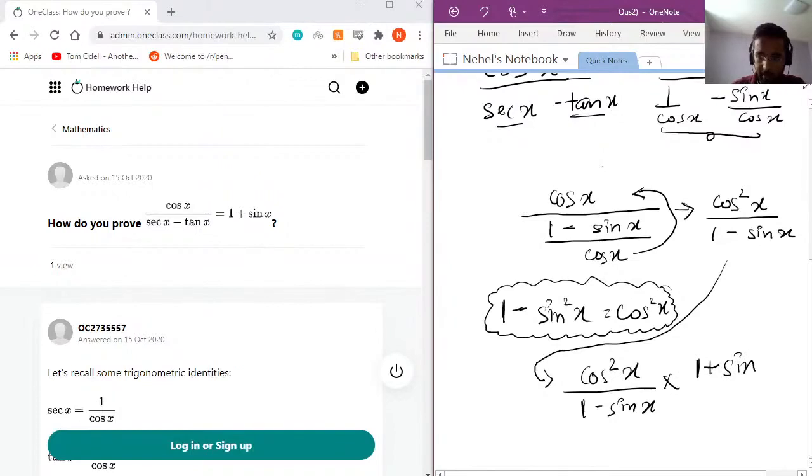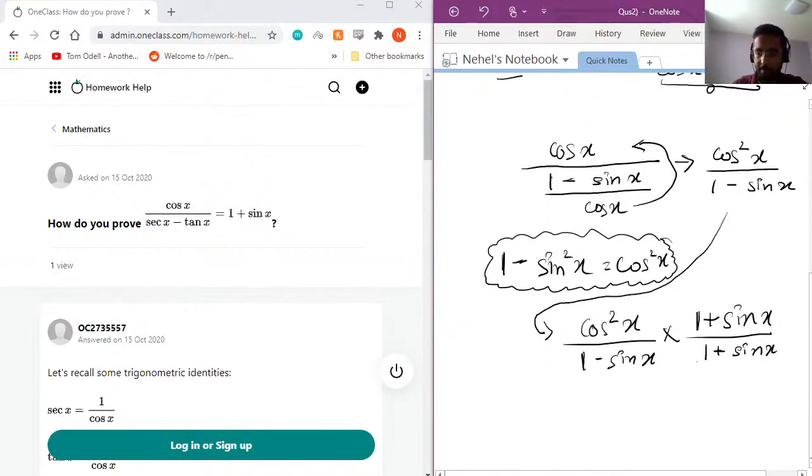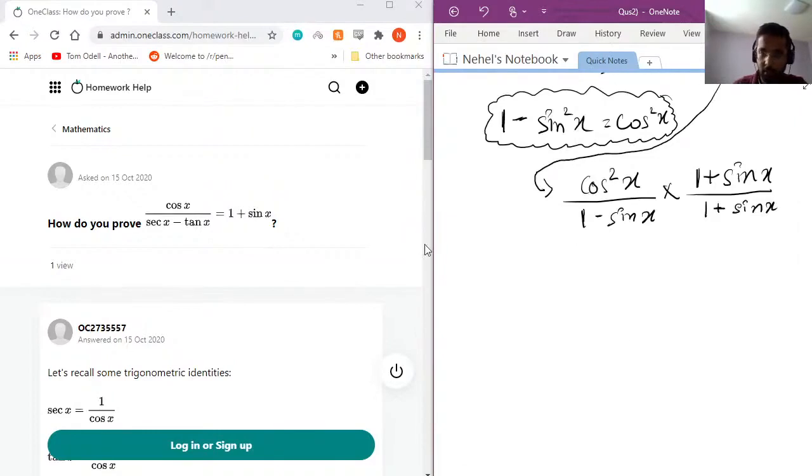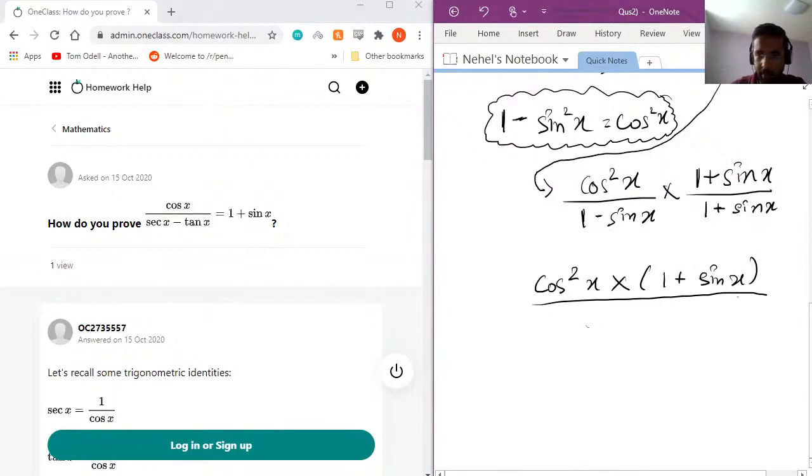Since we're dividing and multiplying by the same number, it does not affect our expression at all. So now, on the numerator we get cos squared x times 1 plus sine x, and on the denominator we get 1 minus sine x times 1 plus sine x.